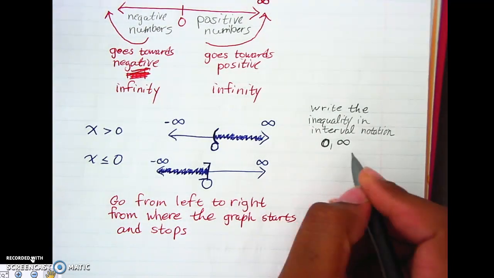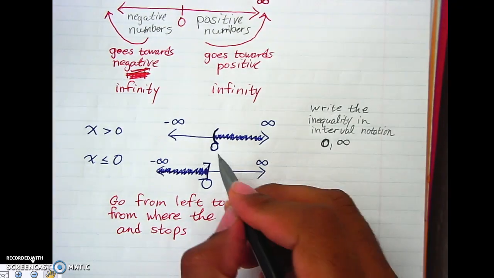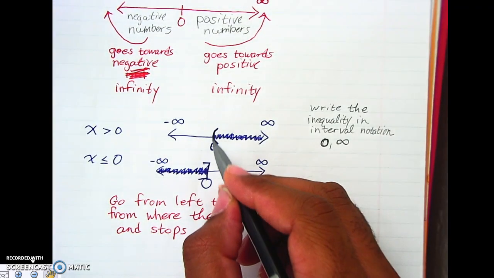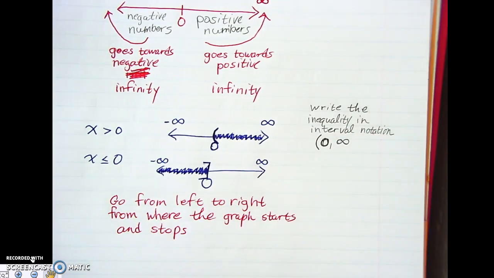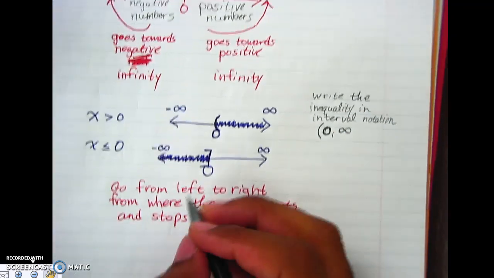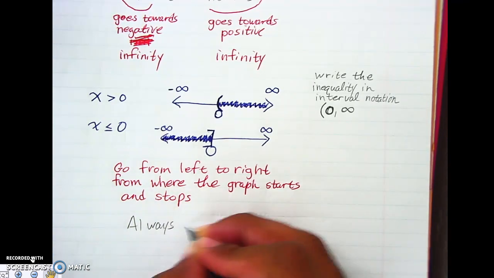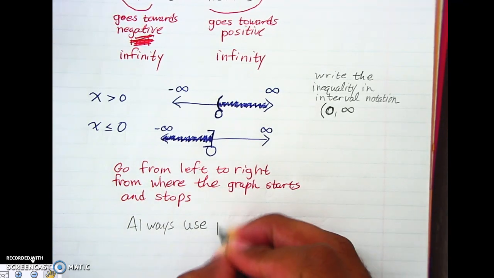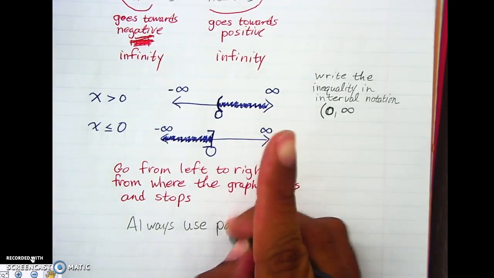But in interval notation, there has to be a bracket or parenthesis on infinity. We already know there's a parenthesis on 0, so we put a parenthesis there. And we always use parentheses for infinities, positive or negative, doesn't matter.